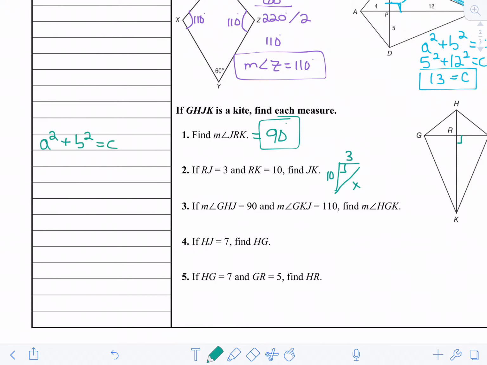I'm looking for the hypotenuse, so 3 squared plus 10 squared is equal to C squared. So that's 9 plus 100 is equal to C squared. So 109 is equal to C squared. Square root both sides, so C is equal to the square root of 109. So JK will be equal to the square root of 109.